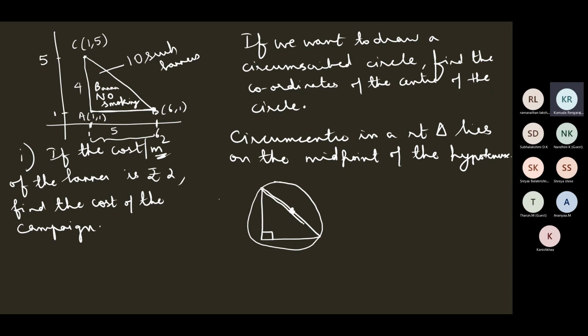So the hypotenuse is the diameter of the circumcircle. Since this is 90 degrees, angle in a semicircle is the right angle, so the hypotenuse is the diameter. That means the midpoint of the hypotenuse is the center of the circle, and that's why it's the circumcenter. Am I clear, children?